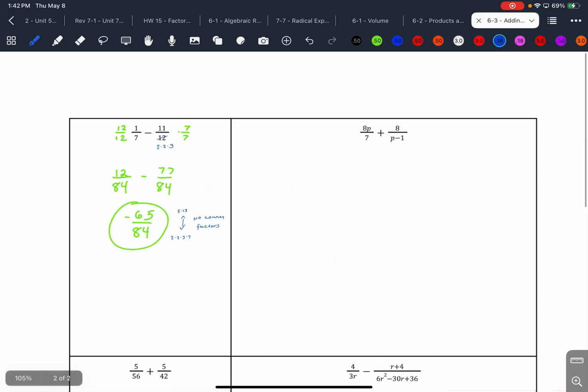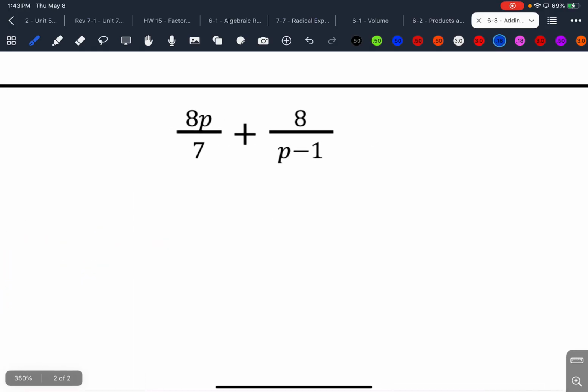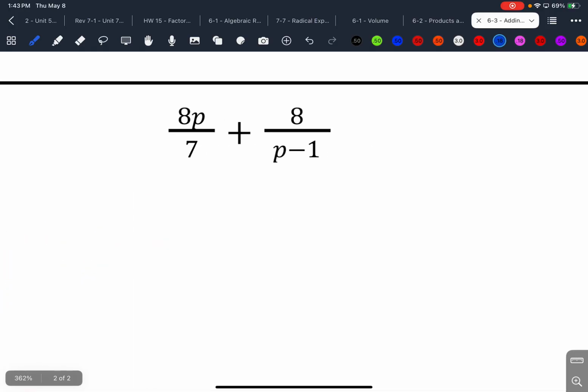Okay, so on this side, we're also going to have something that's relatively prime. These are both already factored. We can't go down any further. So what we're going to do is multiply this side by p minus 1 over p minus 1, and this side by 7 over 7.